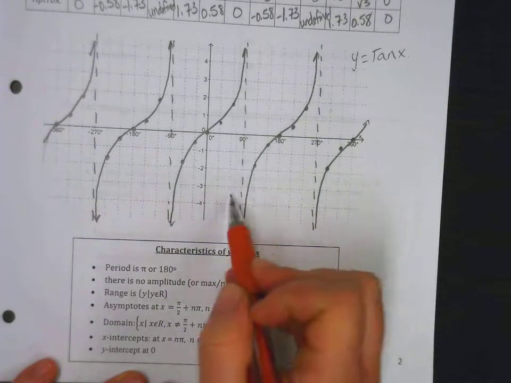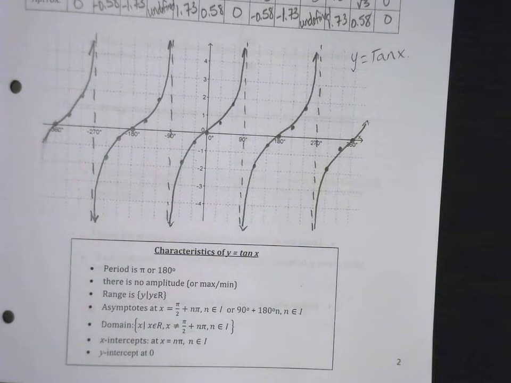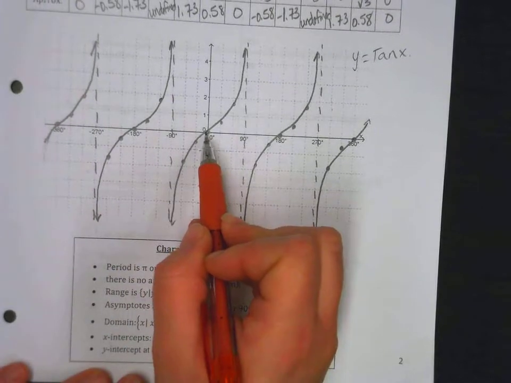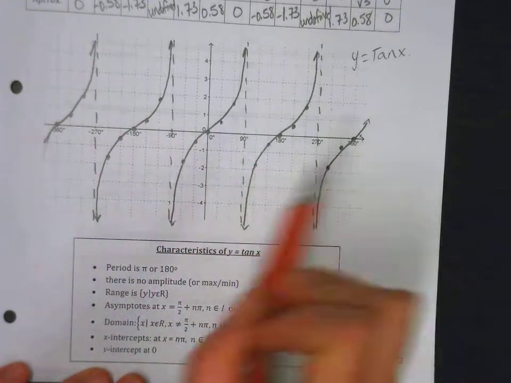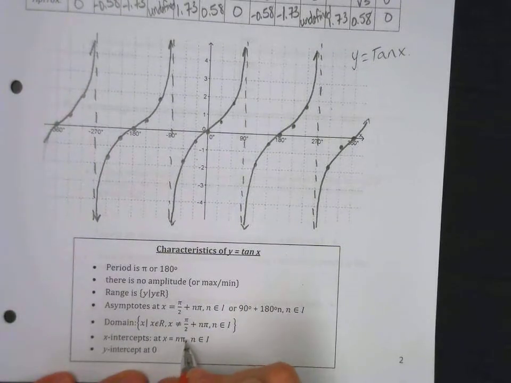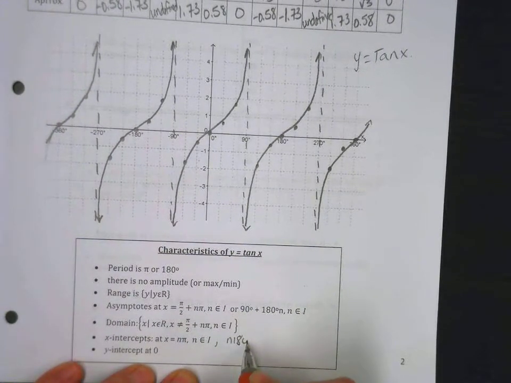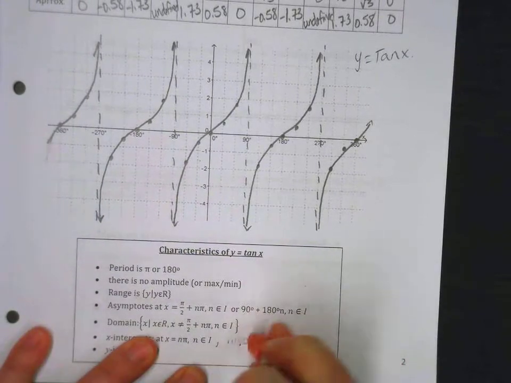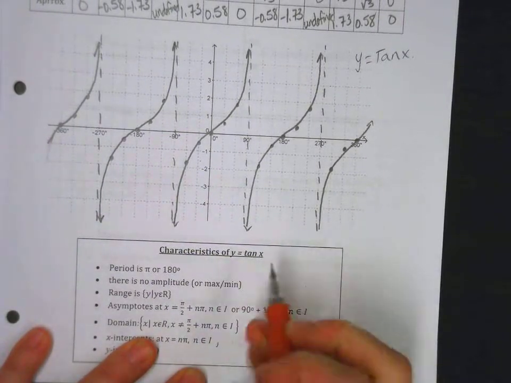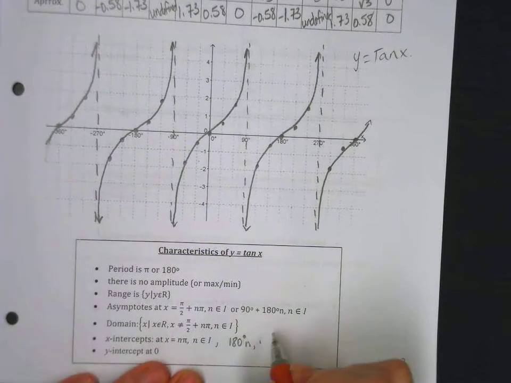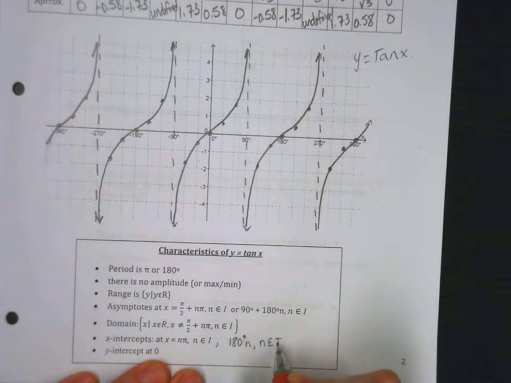Our x-intercepts are occurring at 0, 180, 360, and so on. So that would represent every n pi, or if this was in terms of degrees, would be every 180 n, where n belongs to the integers. And then the y-intercept occurs at 0.